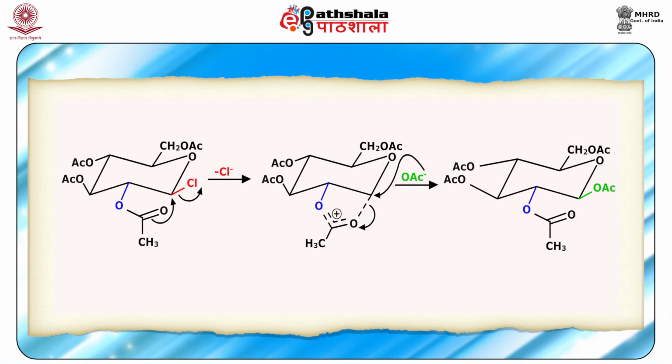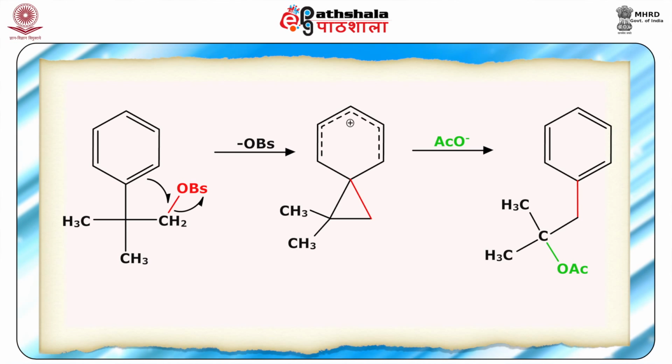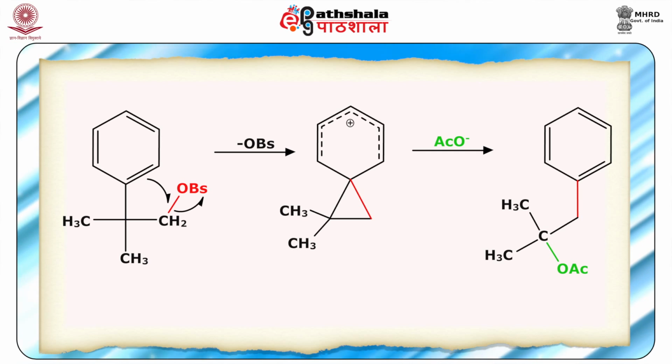If you look at the second case, it is the ring opening at a different point from which the ring closure took place, and let us consider this example here.